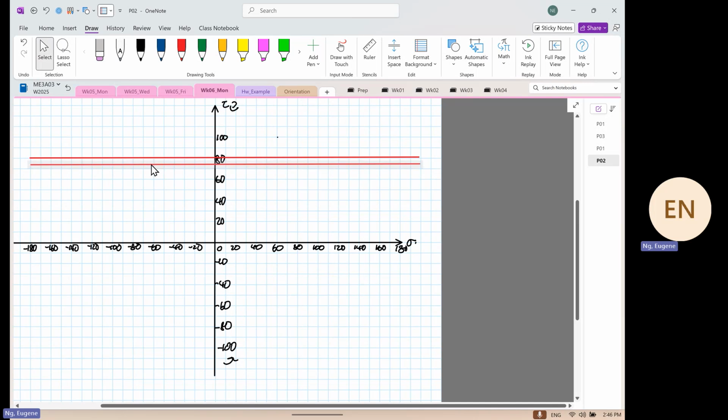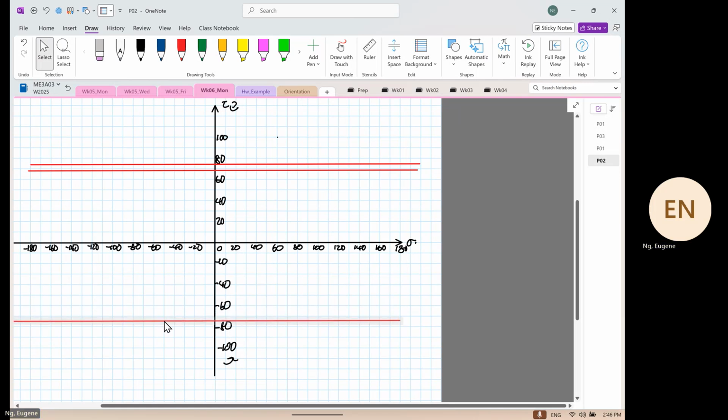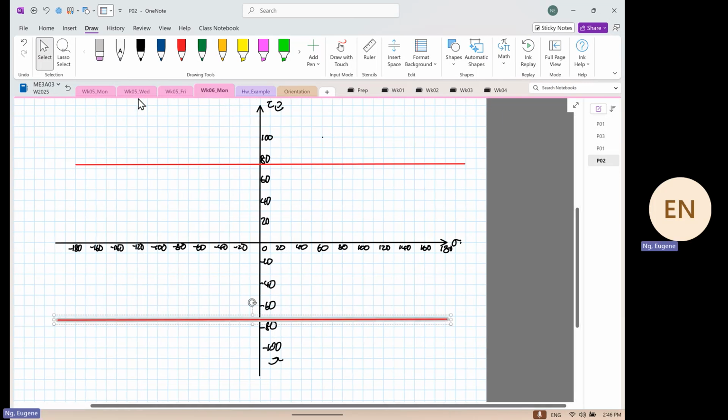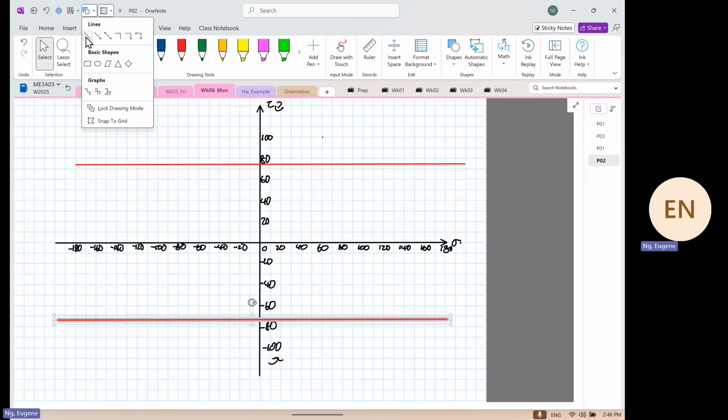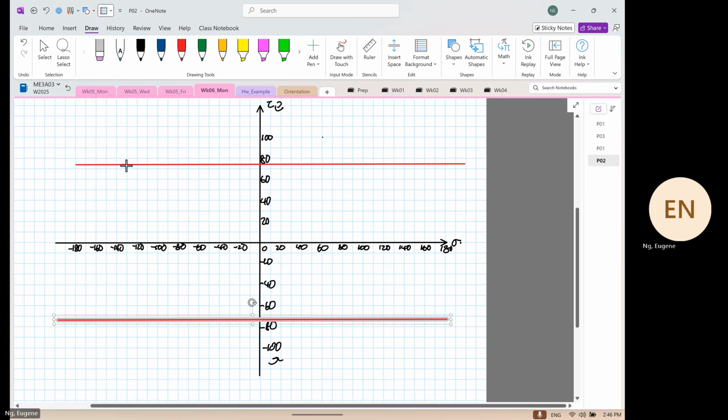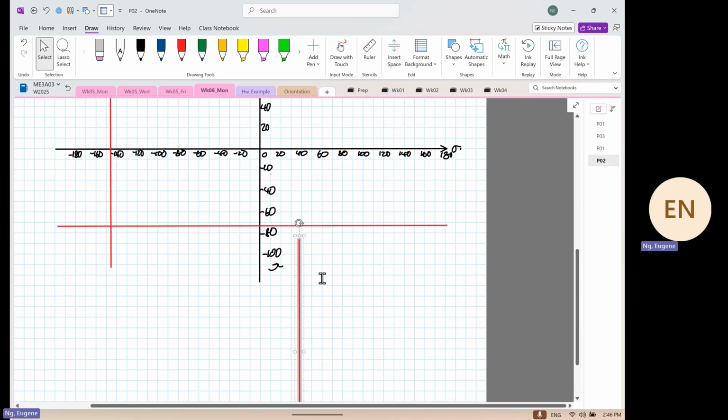So 73 is about here. And then I'm going to do the next one. 73. About here. And then next, we're going to draw the vertical 146. Okay, so this is 146. And on the other side, it's going to be our 146.